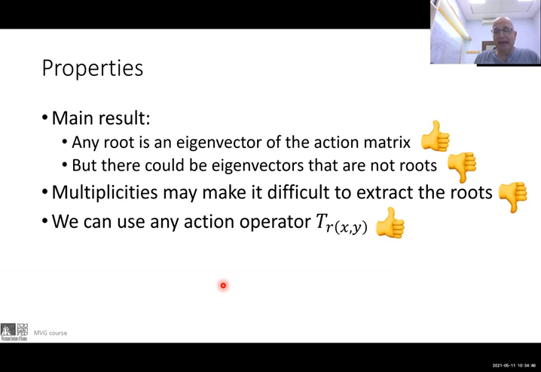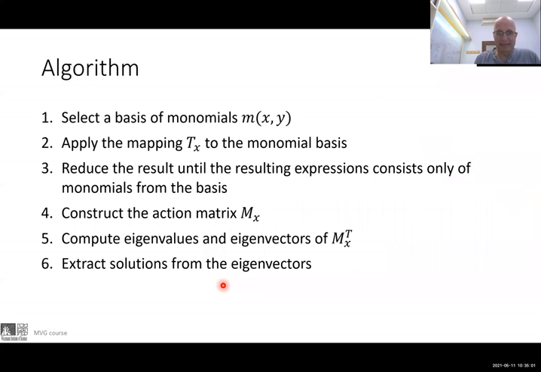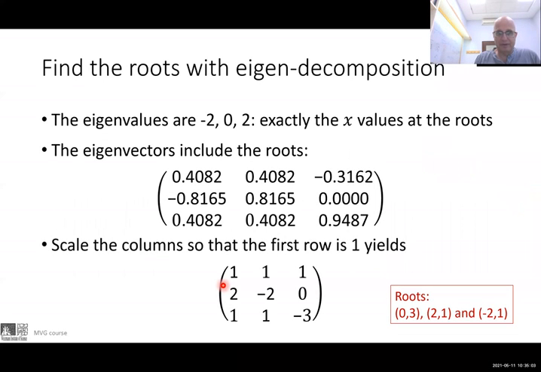Also, if the eigenvalues happen to be the same, they have multiplicities, and in this case, it may be difficult to extract the roots. For example, in this case all the eigenvalues were different.